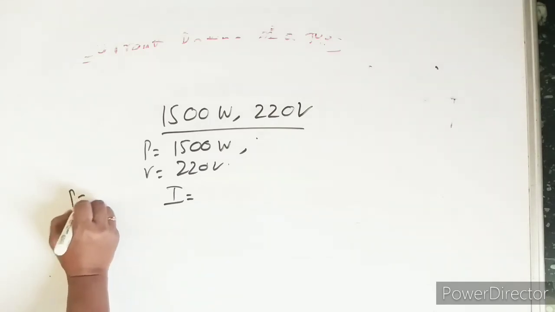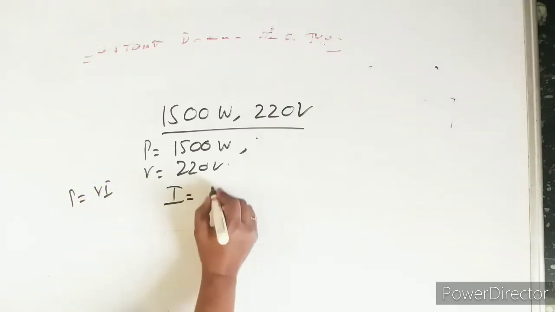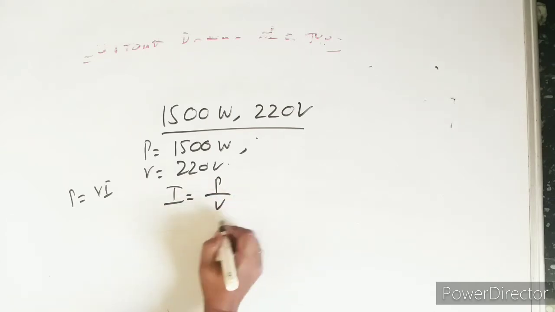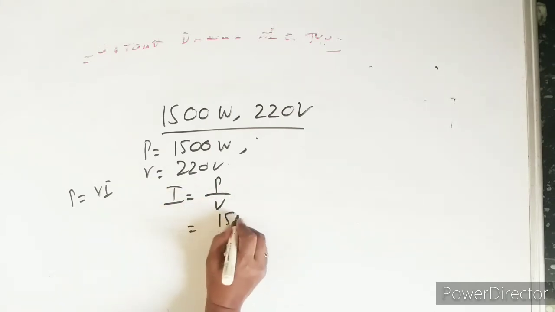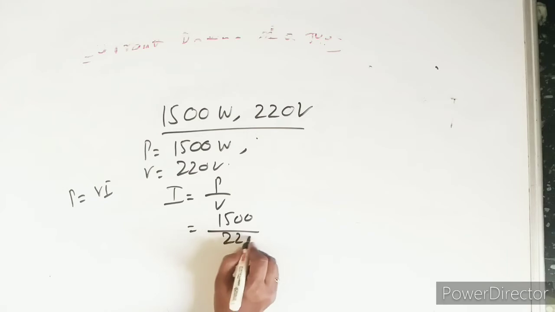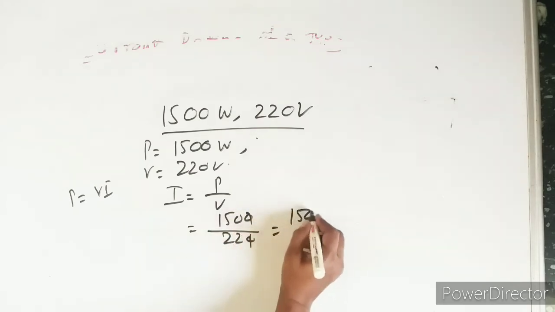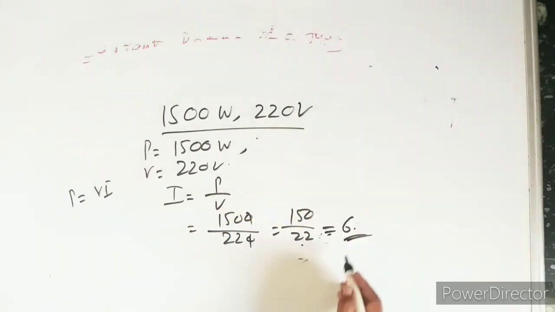We know P = VI, so I = P/V. Here P is 1500 divided by 220, so 150 by 22. It will be 6 point something, some amperes of current it draws. Understood?